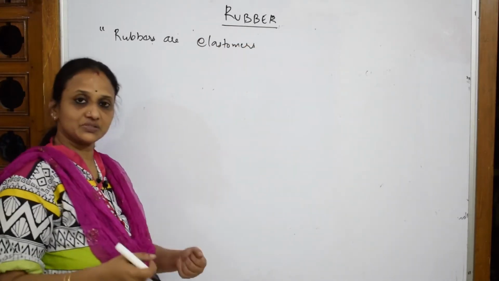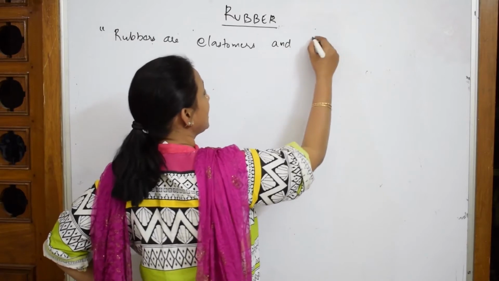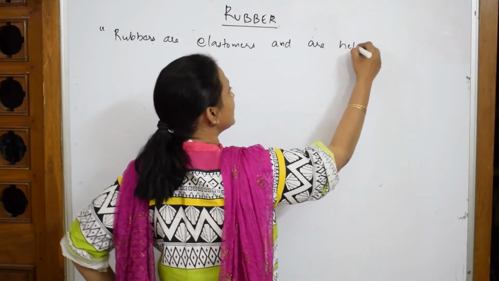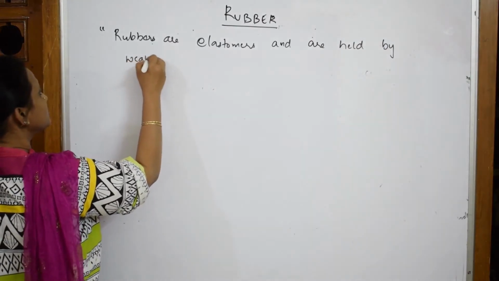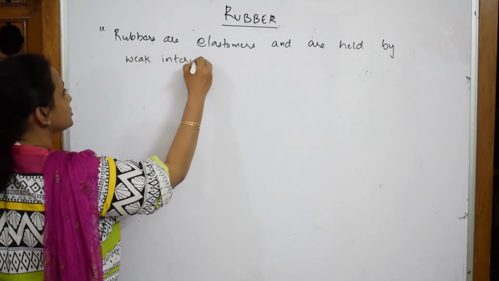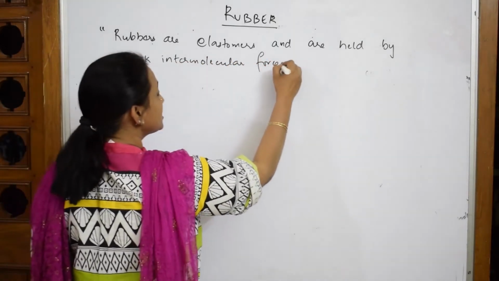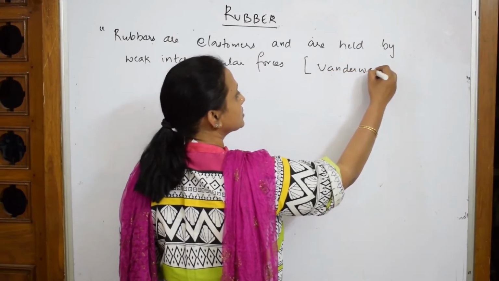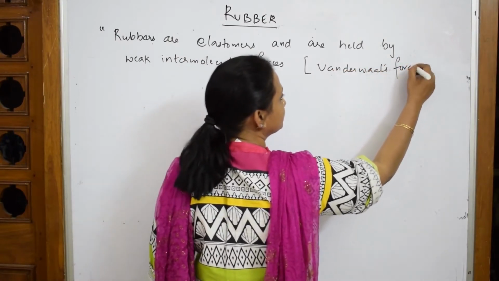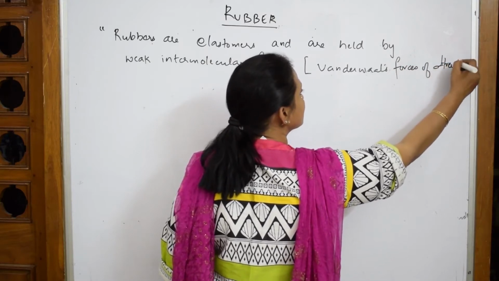As I said, they can be stretched and are held by weak intermolecular forces, or if I have to say, van der Waals forces of attraction. Right. Because of this, they retain back their structure.